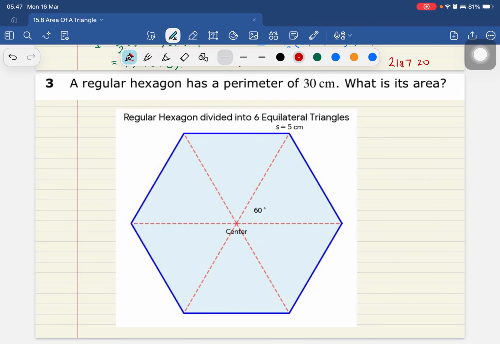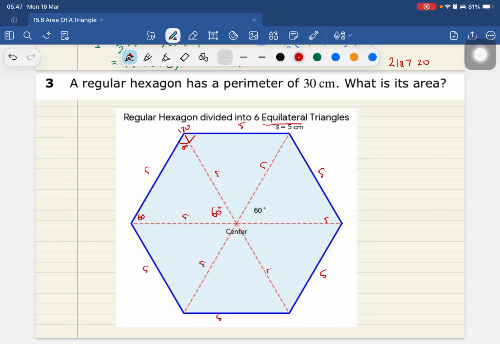As the perimeter is 30, it's going to be 5, 5, 5, 5, 5, 5. As this is an equilateral triangle, here also is going to be 5. One angle is 120, so we divide by 2 to get 60. Here is 60, here also is 60.